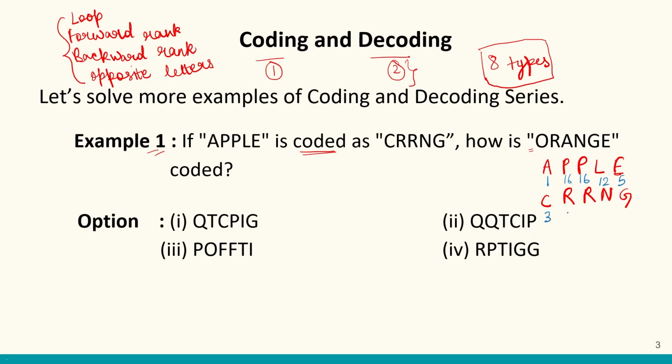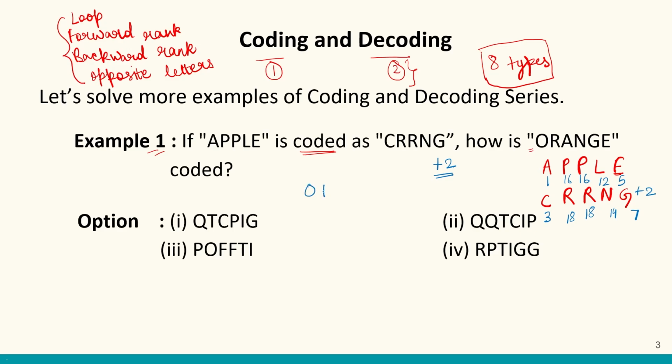Similarly, C is ranked at 3, R is ranked at 18, N is ranked at 14, and G is ranked at 7. When I assign the ranks, I can clearly see there's an addition of 2 positions. So 1 plus 2 is 3, 16 to 18, again addition of 2 positions. Similarly for 12 and 5. Therefore, the pattern is that we are adding 2 positions to these letters.